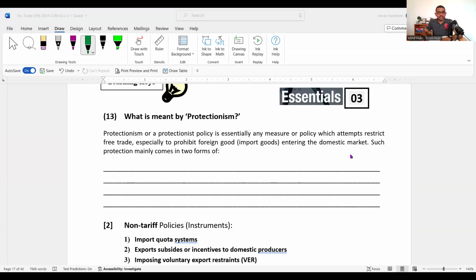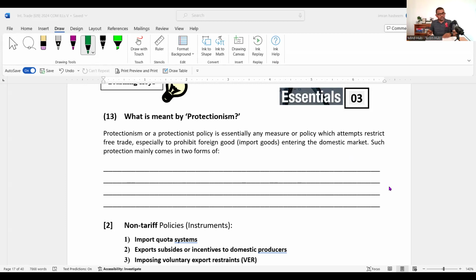So we are starting off with Essentials Area 3, or the third chapter, which is the concept of protectionism. What is protectionism as a concept? Then what are the different methods or policies that we can use to practice protectionism?